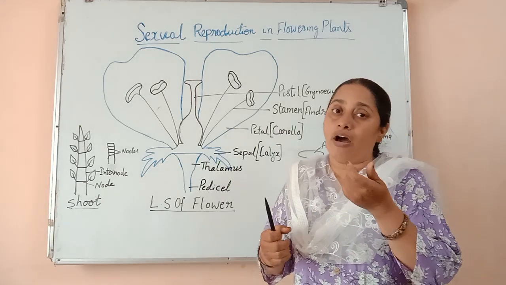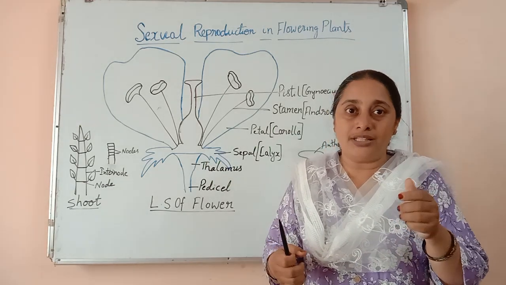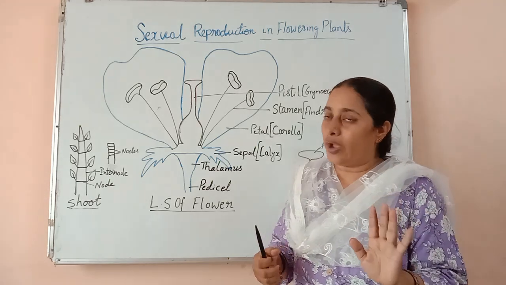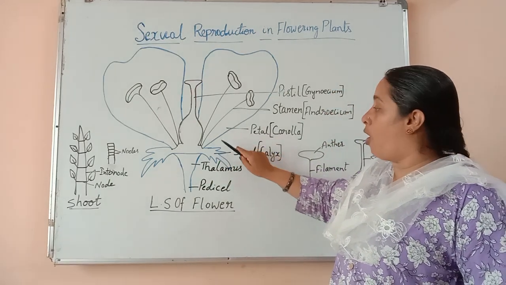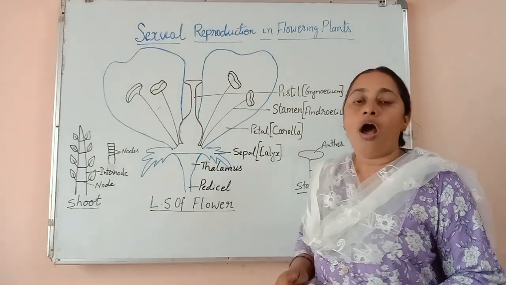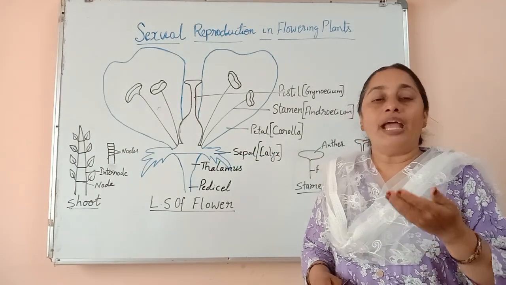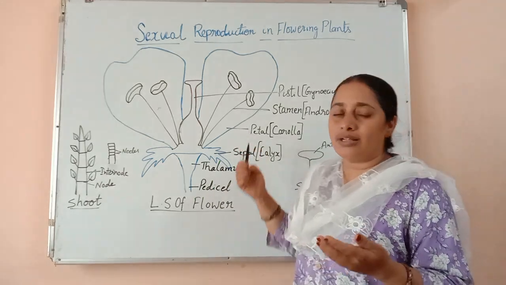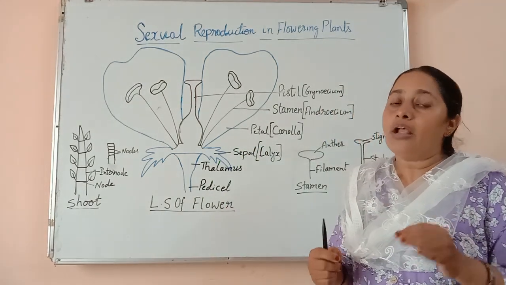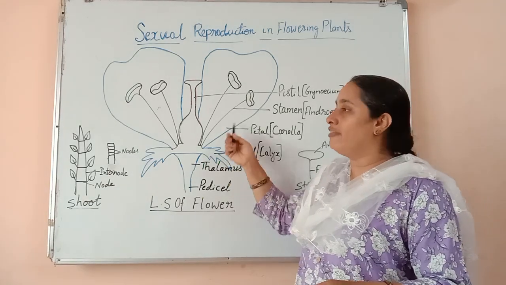Thus when the seeds are formed, next progenies are guaranteed. That is why sepals and petals, or calyx and corolla, are indirectly helping in reproduction. But if they are not there, reproduction will still take place.